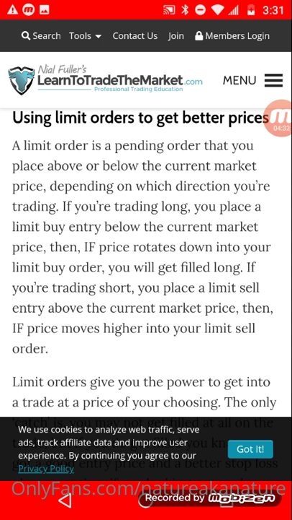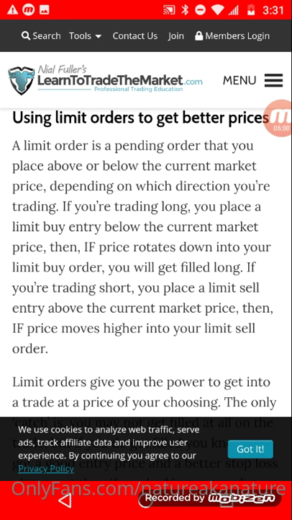So this is why you don't want to place your buy order at the top, expecting price will just go up there and then eventually hit your buy order. You want to put it on a pullback so you can get the maximum amount of money. So price will go up and then it will pull back. You'll place your buy limit. That's why they say if you're trading long, you place your limit buy entry below the current market price.